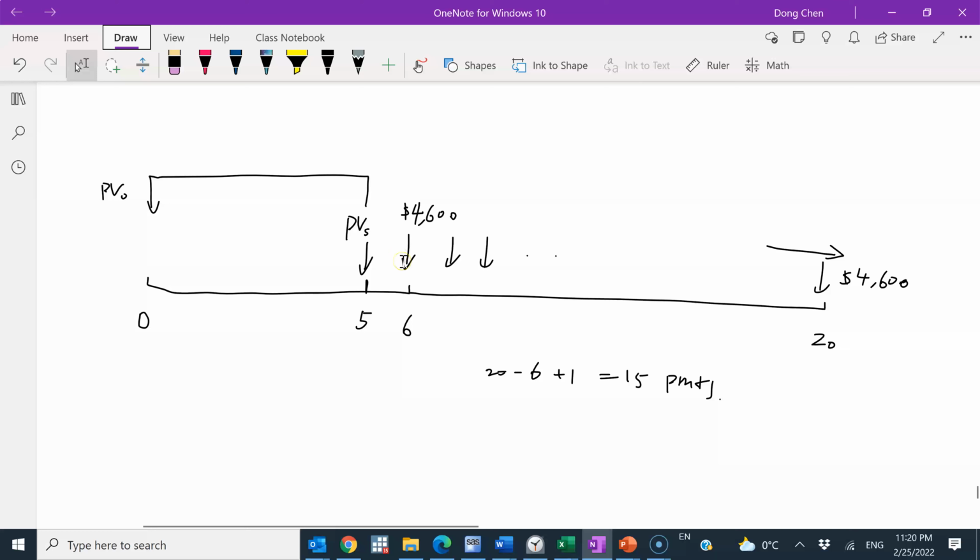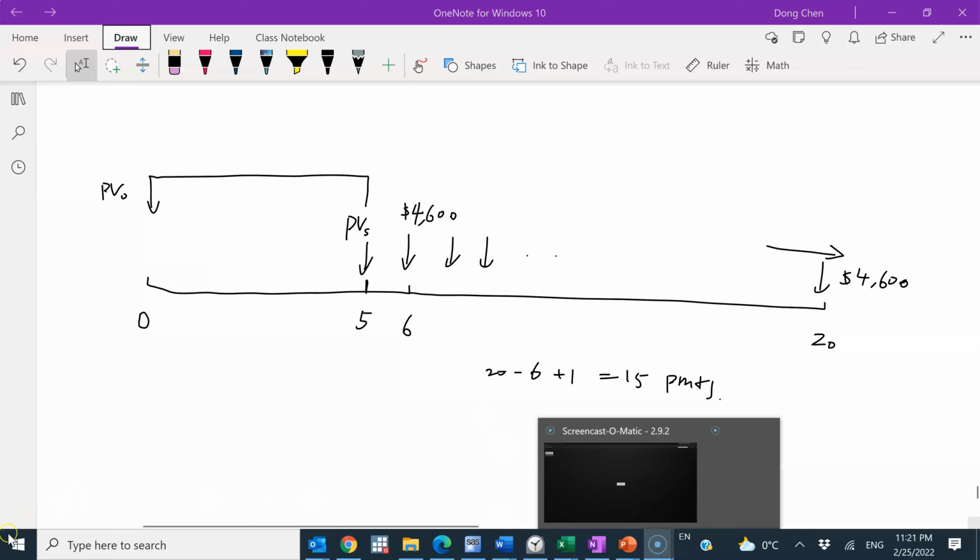Now we can apply the ordinary annuity formula to get the present value at year 5. But don't forget, we're actually standing at year 0. So after that, we need to bring this single cash flow back to the true present and discount PV5 back 5 years. Now we're just dealing with one single cash flow, and relative to 0, 5 becomes the future. So in this second step of the present value calculation, PV5 becomes the future value. Okay, so that's it for this question.